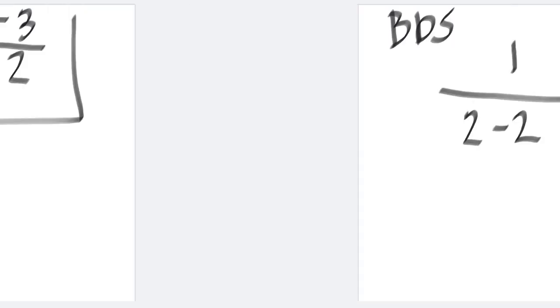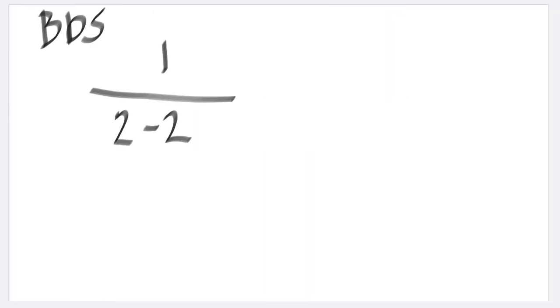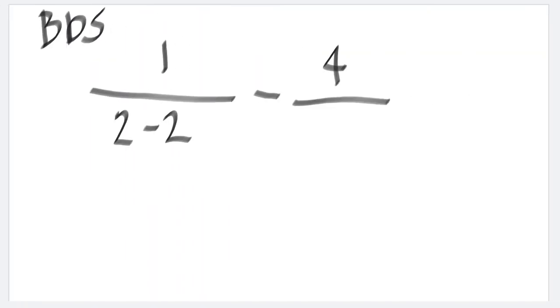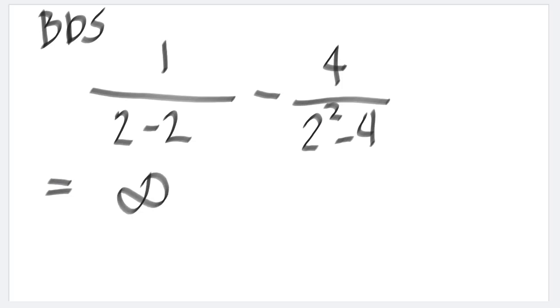And minus 4 over t squared minus 4, that is 2 squared minus 4. So this is equal to 1 over 0, that would be infinity, and 4 over 0, minus infinity.